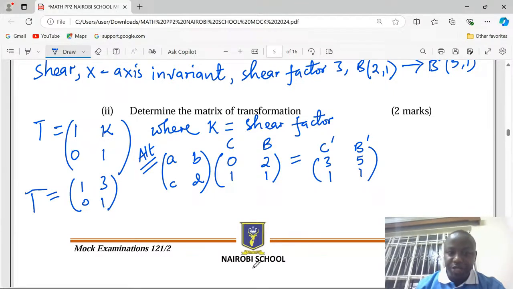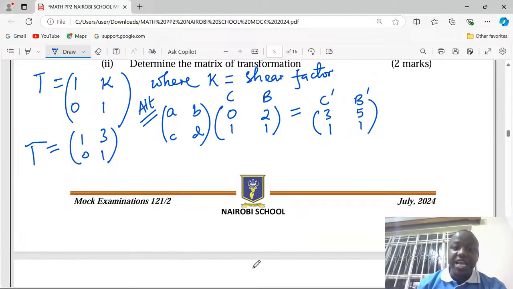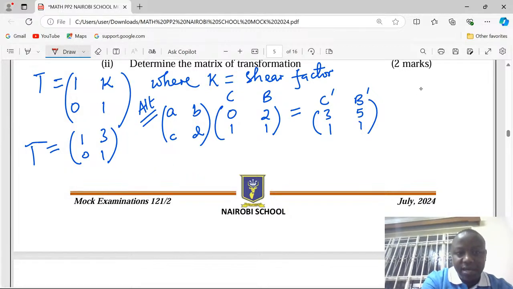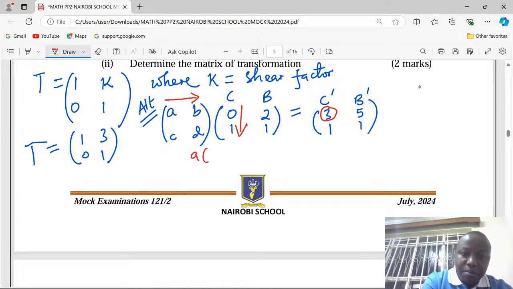Let's proceed to obtain the values of A, B, C, and D. For us to get the values, we need to talk about the general multiplication of matrices. Row multiplied by column gives us the first element. Therefore, A by 0 and B by 1 should give us 3. A times 0 becomes 0, so the value of B is going to be 3.